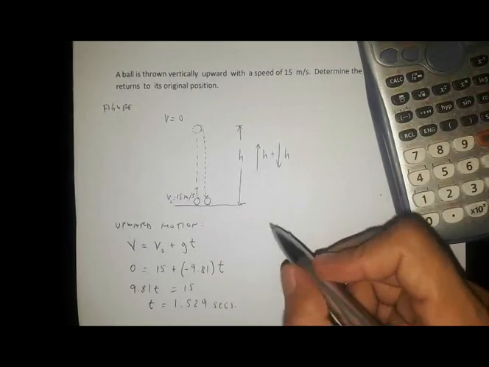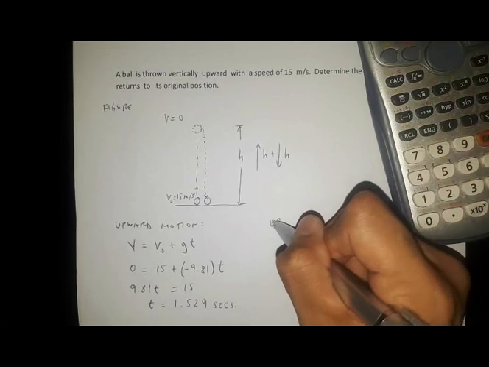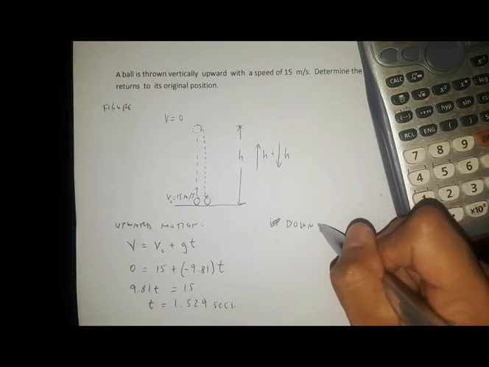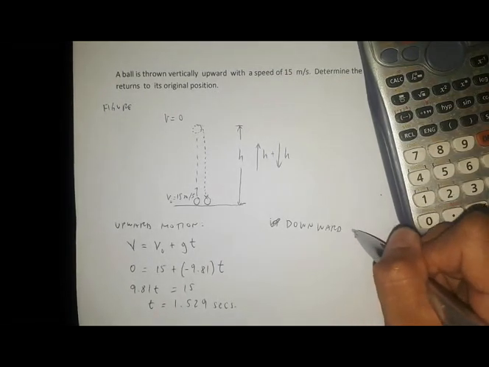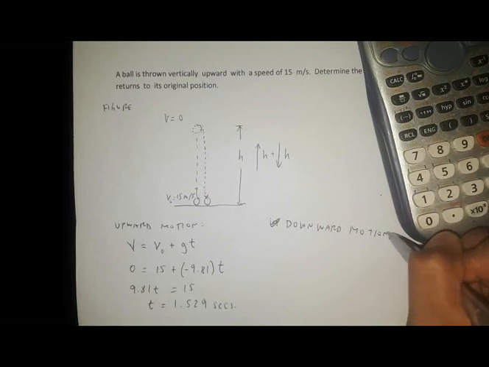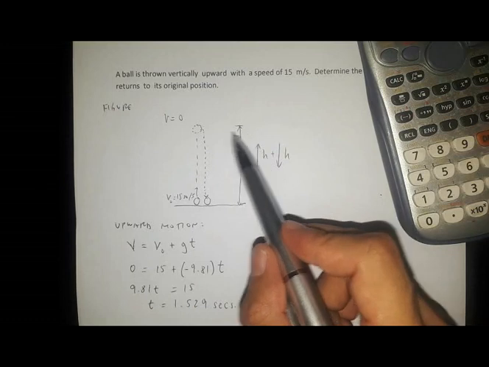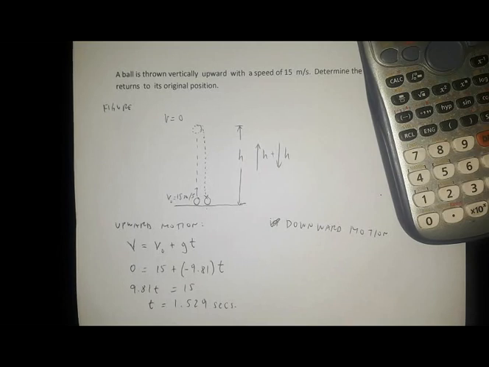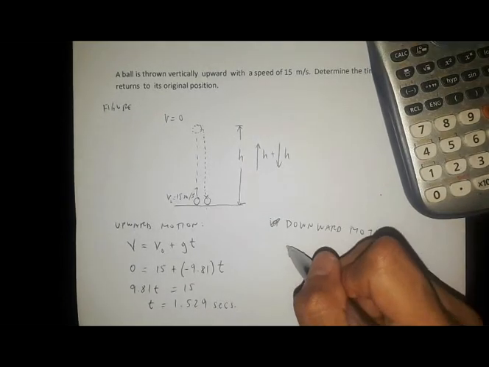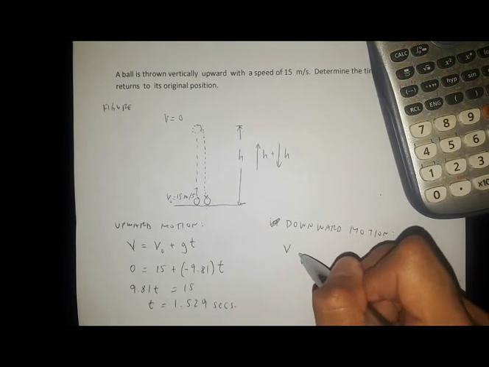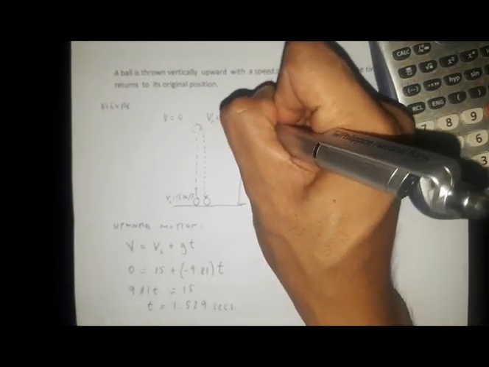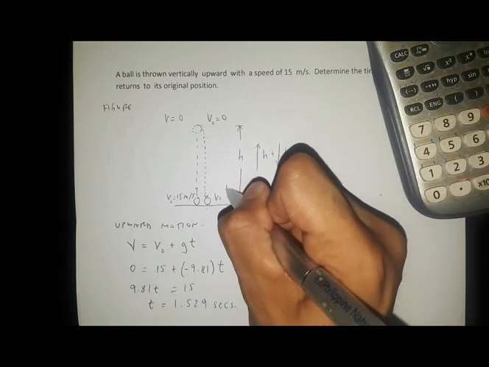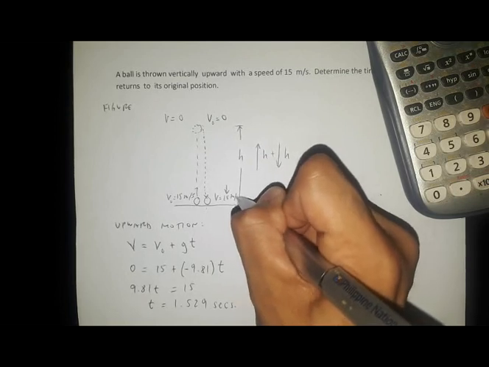Now, let's solve for the value of t during the downward motion, or the time it takes from the highest position back to its original position. So we have the equation for free fall. Here your V0 is equal to 0 and your V here is 15 meters per second.